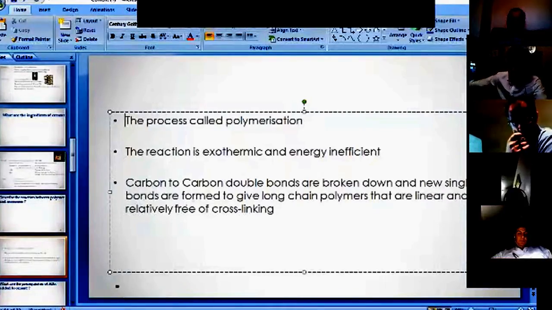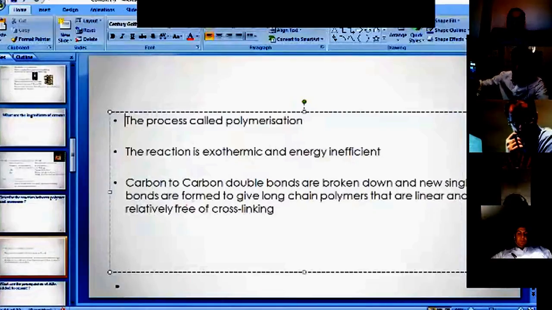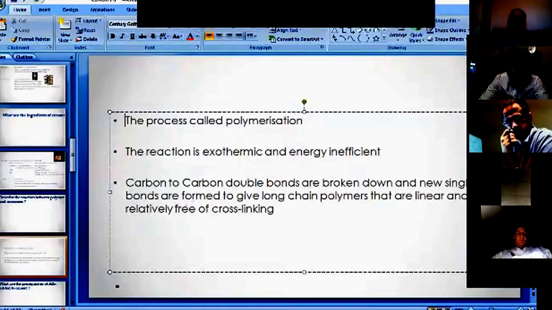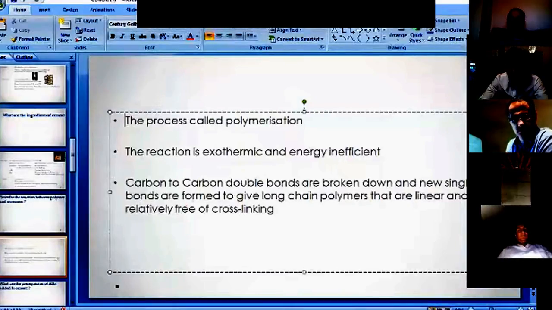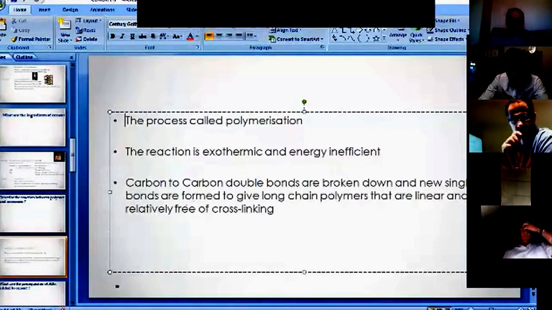Unfortunately, these polymers don't have the cross-linking property, and that's why cement is weak under shear and tensile forces, because of the lack of cross-linking between the carbon chains. Excellent.